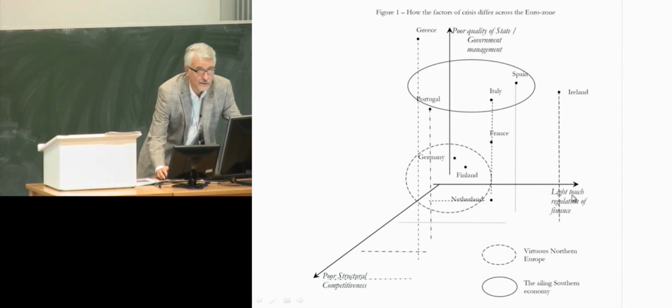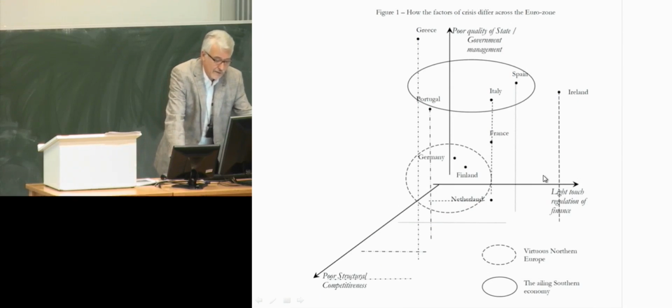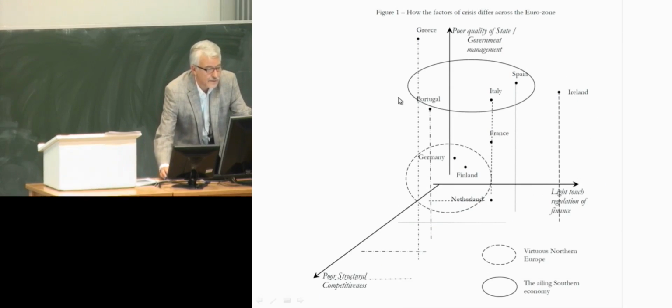regulation of finance. That means neoliberal liberalization. So Ireland suffered from a loss of regulation, and Greece in particular suffered from poor quality of state, government and management, and also from poor industrial competitiveness.